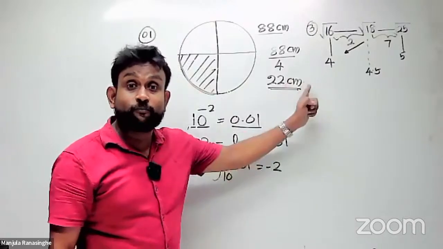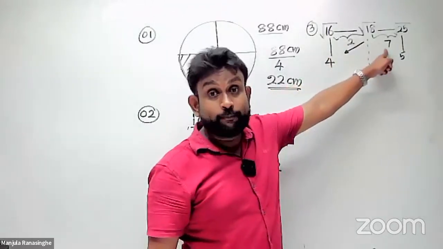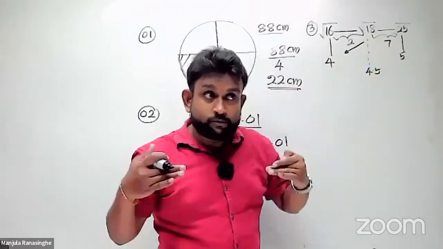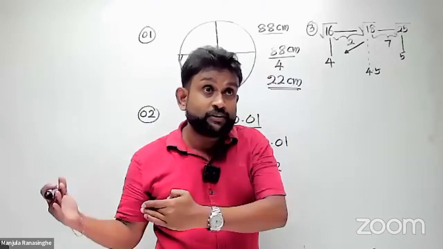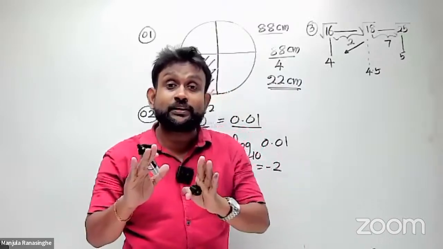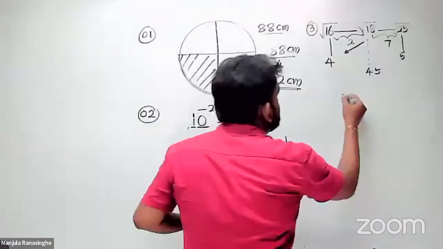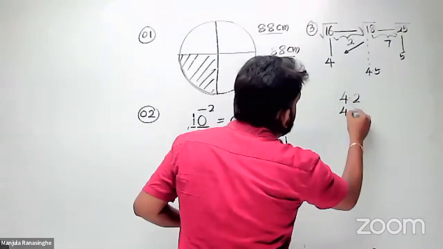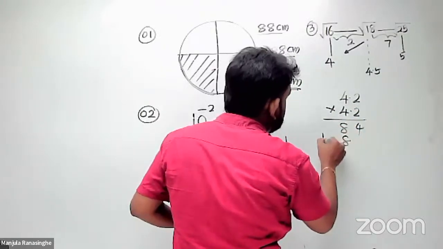Either 4.1 or 4.2, because here the gap is 2 and here there is more gap, 7. You may expect 4.1, 4.2 or 4.3, but you should try with the exact value. I prefer to try 4.2. I check 4.2 times 4.2 with multiplication. 2 times 2 is 4, 8, 8, 16.